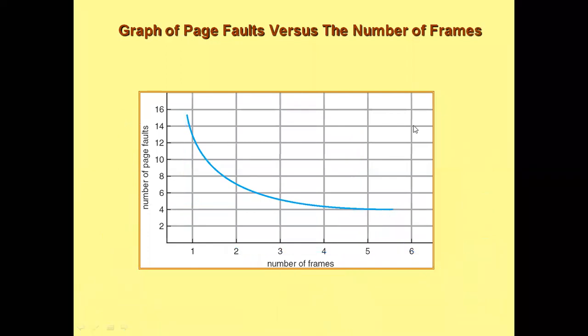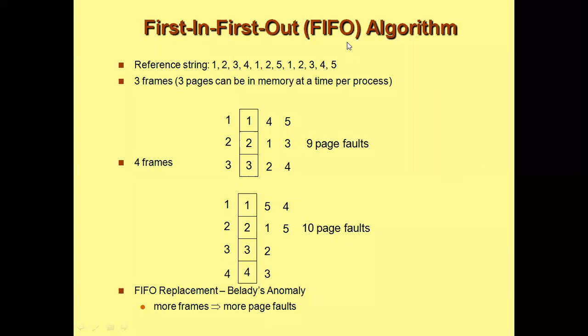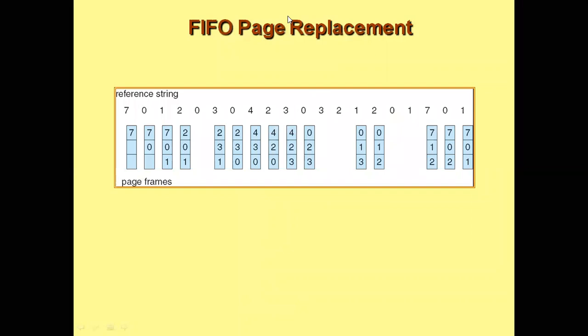Okay, so we will now move on to the first algorithm, which is FIFO. Here a reference string is taken. I'll not take this reference string, but I'll use this particular slide to explain a particular topic. Before that, I'll teach you how to write FIFO page replacement.